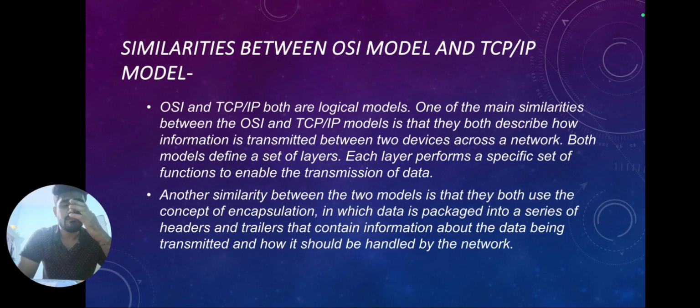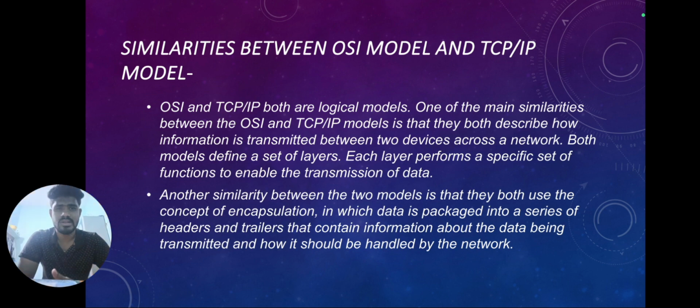Now let's see what are the similarities between OSI model and TCP/IP model. OSI and TCP/IP both are logical models. One of the main similarities between the OSI and TCP models is that they both describe how information is transmitted between two devices across a network.